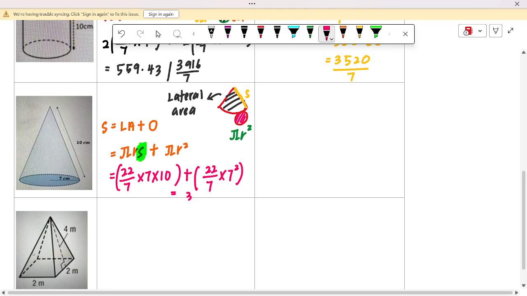Your answer will be 374. That's the surface area of a cone.